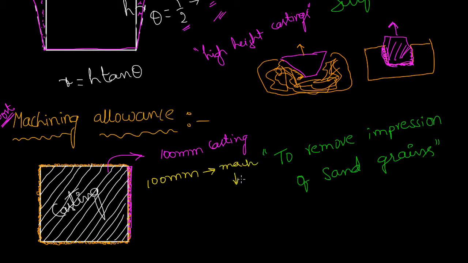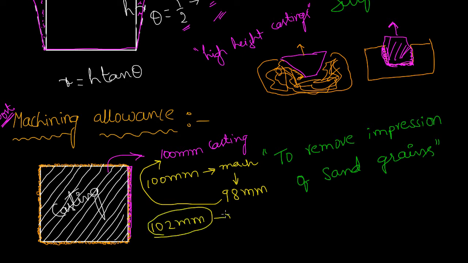The dimension will come to 98 mm for an example, right? 98 mm. But I want 100 mm. So how to get 100 mm? Make the pattern dimensions as 102 mm. Then after machining, it will come to 100 mm. That is what I required.